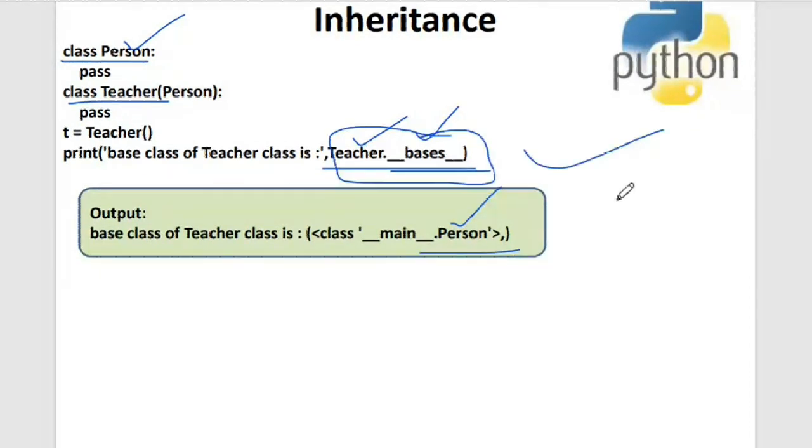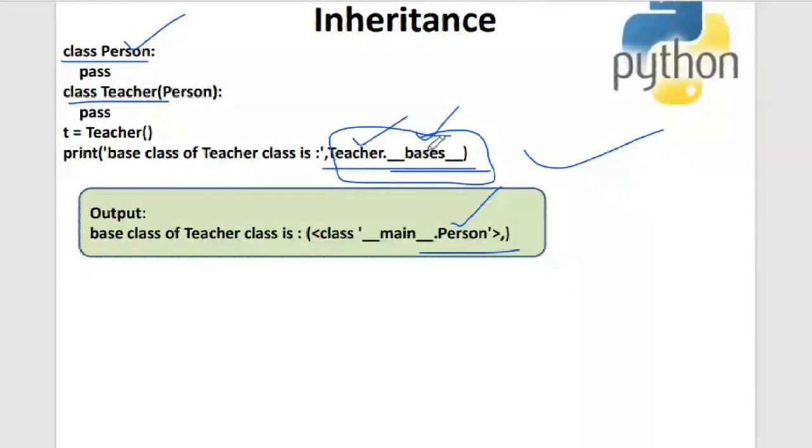Because when I extracted the bases of a class earlier, I got object as the answer. Do you remember it, girls? When I tried to print the bases of a particular class in the previous unit, I got the answer as object. Then I told you that for every class, the superclass is the object class.